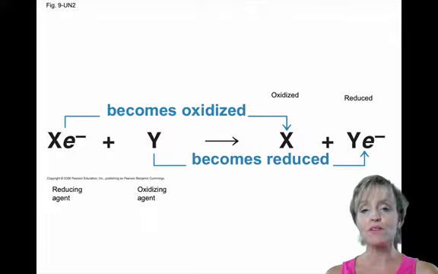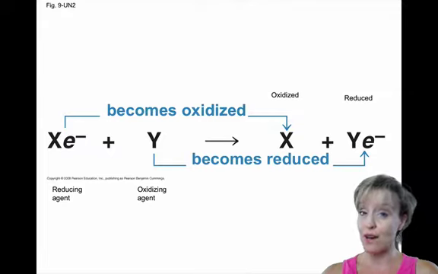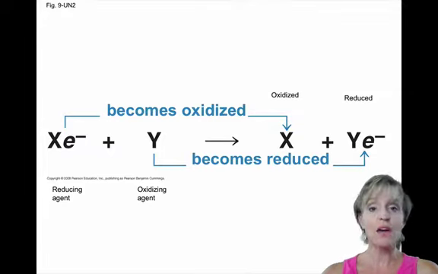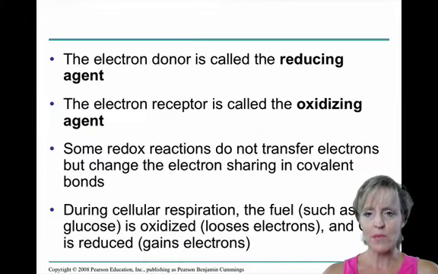Notice that the product of Y on the right side of the equation is now negative charge. So as we go through aerobic cellular respiration, you will need to keep track of what's being oxidized and what is being reduced. I have noticed that on AP tests, they often zero in on small facts like that.